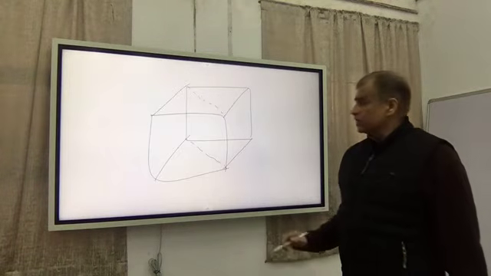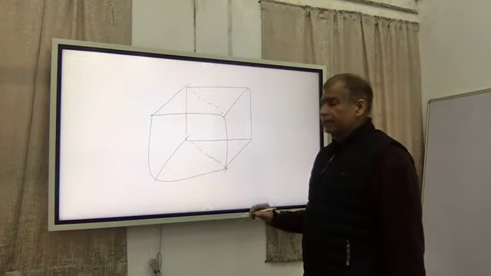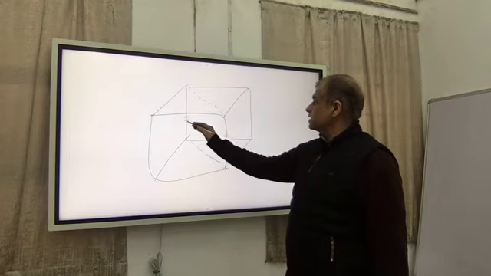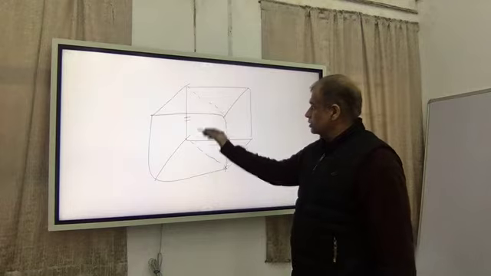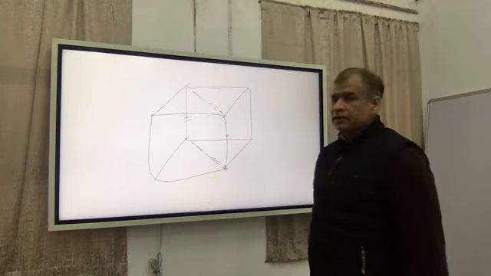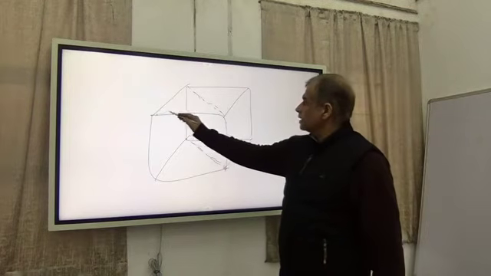If you are asked to define it, then you say that one diagonal plane of symmetry can be made by joining two opposite edges. This is one edge, this is another edge. You are joining them, you are getting the diagonal plane of symmetry. The second one can be made like this.